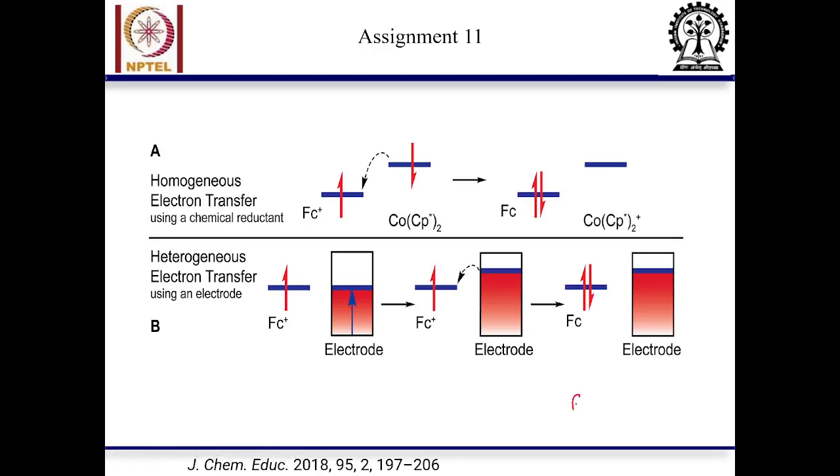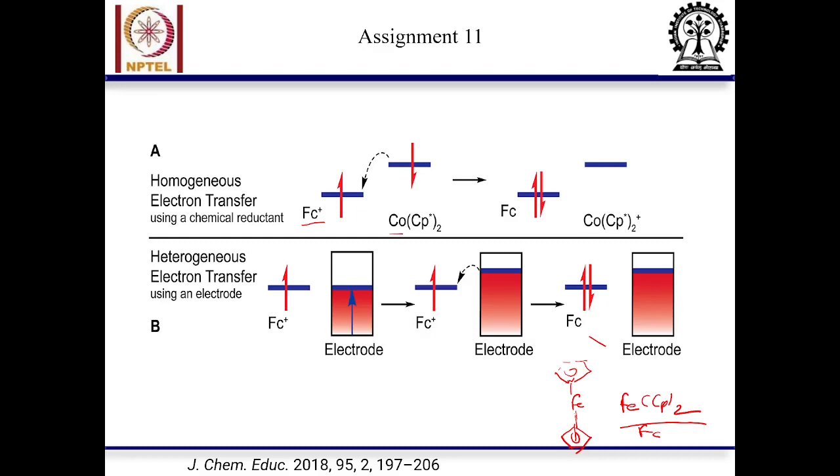I will write what ferrocene is. This is FeCp2, and the ferrocenium is written as Fc plus, meaning it has one positive charge. Suppose you are mixing two things, the ferrocenium cation, and we are using cobaltocene, basically CoCp2.